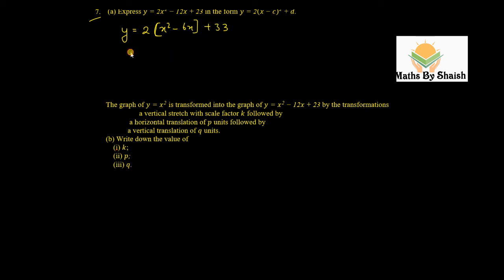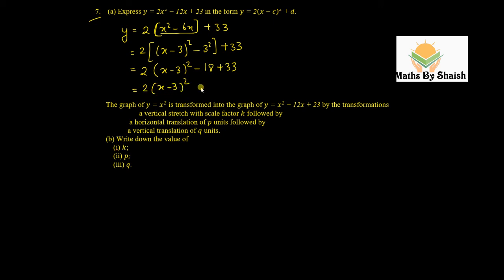Now we know how to make the complete square: x minus half of 6, that is 3, whole squared, and subtract the square of this number, 3 squared, plus 23. So it becomes 2 times x minus 3 whole squared, 3 threes are 9, into 2 is 18, minus 18 plus 23. So it is 2 times x minus 3 whole squared plus 5.